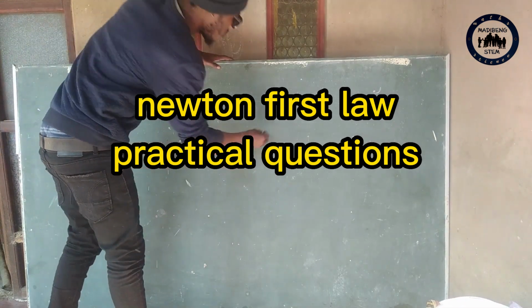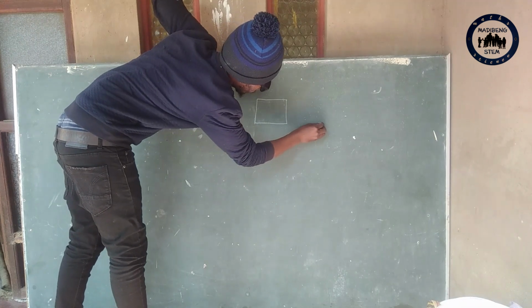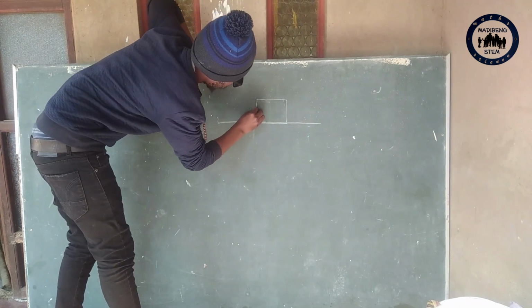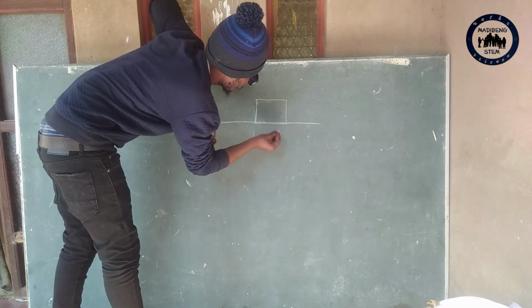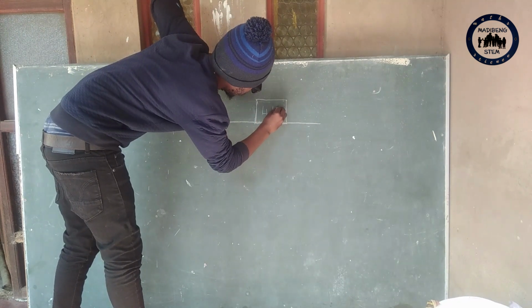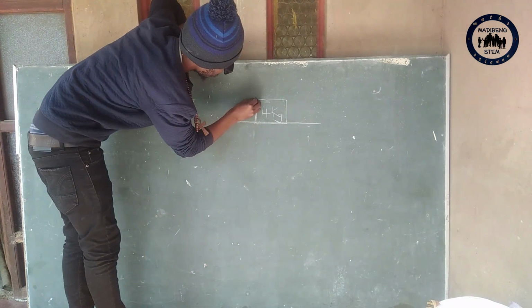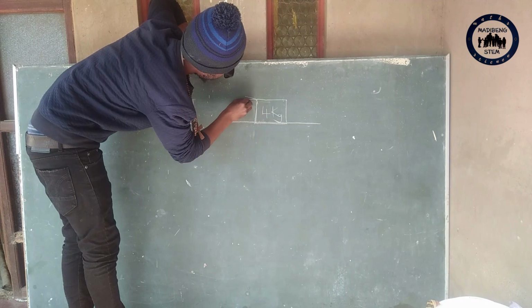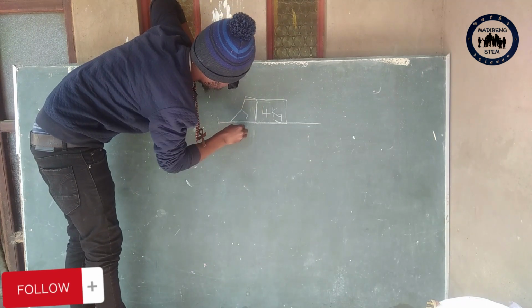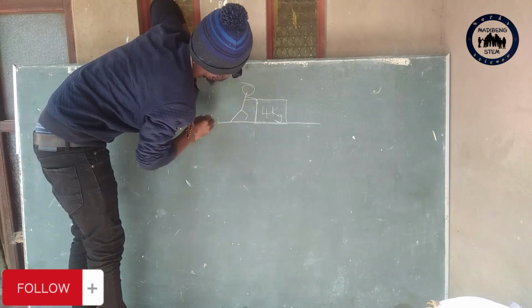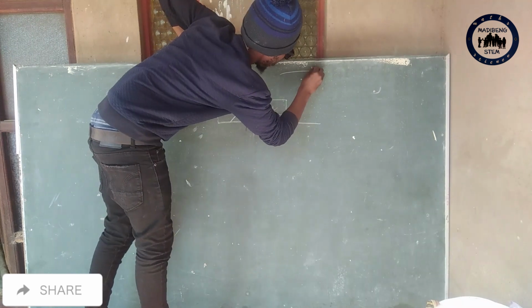Guys, now we have a crate here with a mass of 4 kg, and Sipho is pushing this to our right hand side.